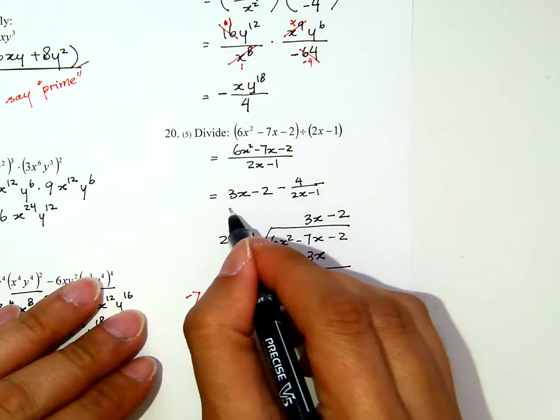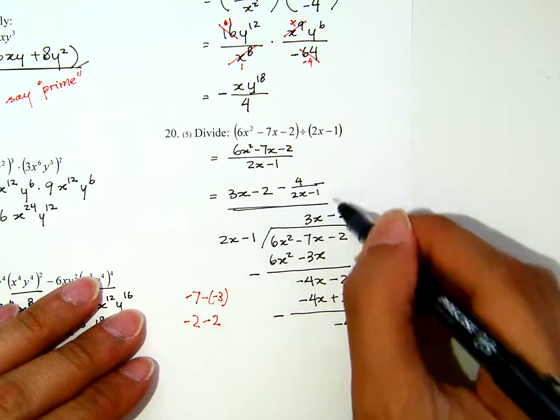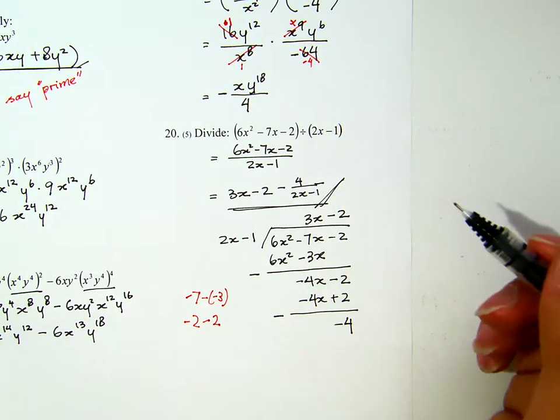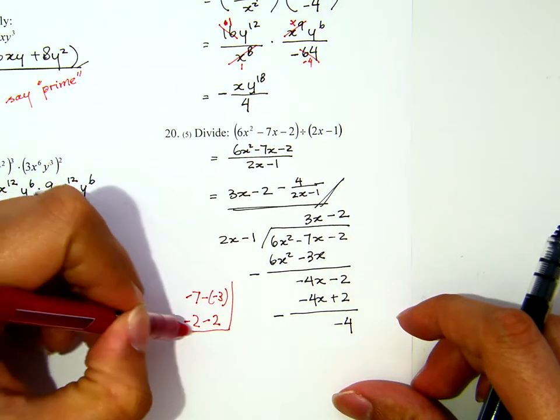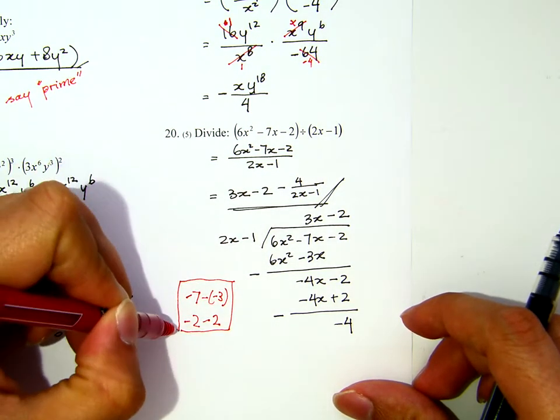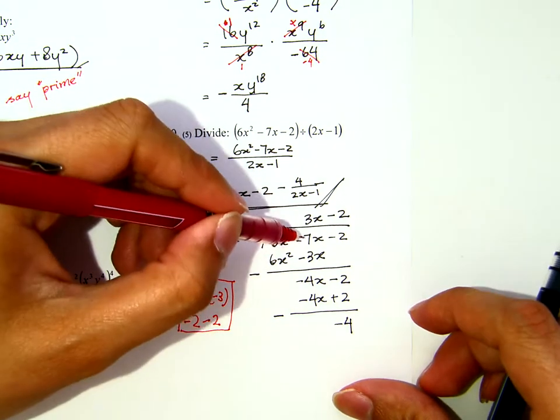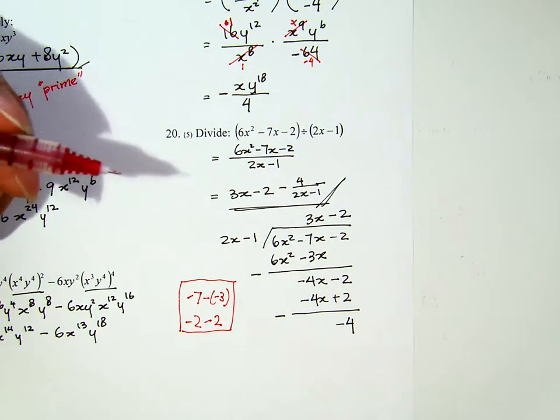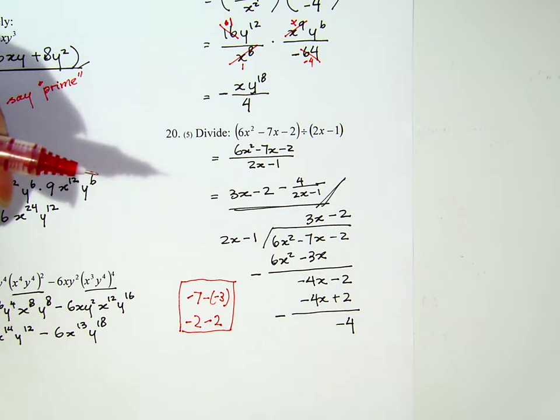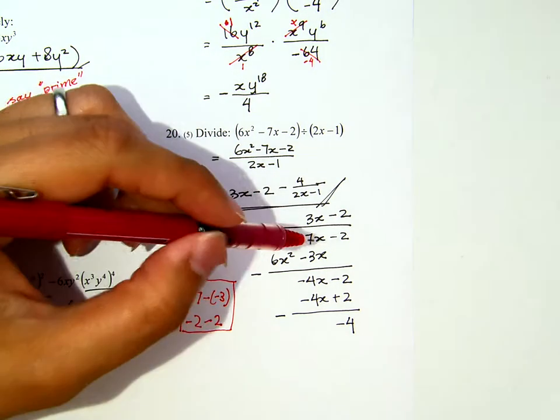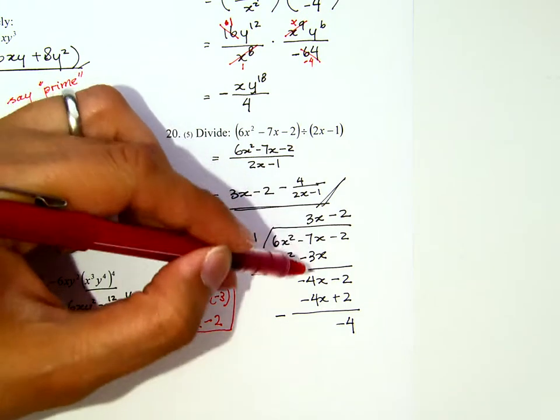Okay, this will be the answer, the quotient. Now, I want to warn you, it may be helpful for you to write this down when you subtract, because we don't get used to subtracting negative numbers in the pancake method.